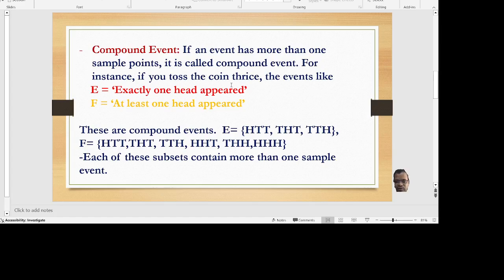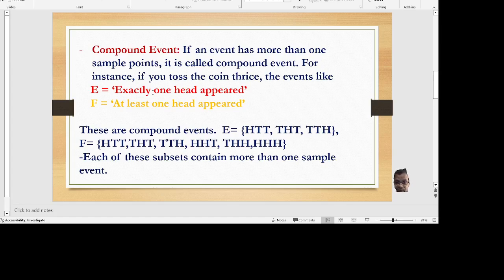So suppose you toss a coin thrice and the question asks us to find, for event E, exactly one head appeared. For another event F, at least one head appeared. Understand the play of the words.